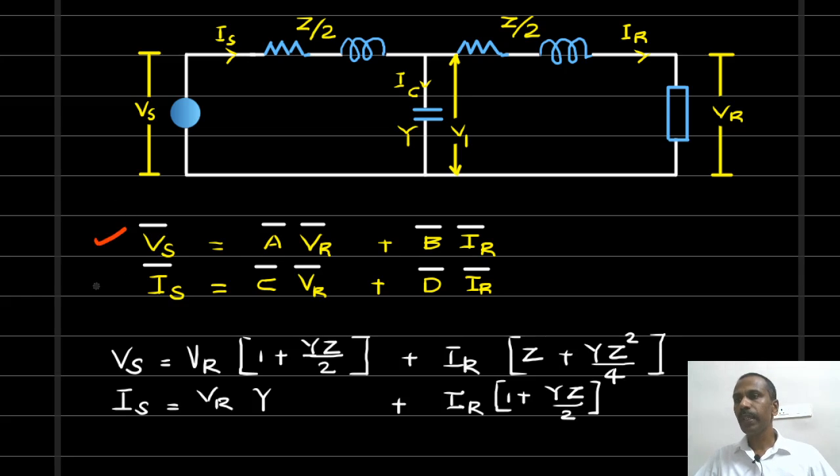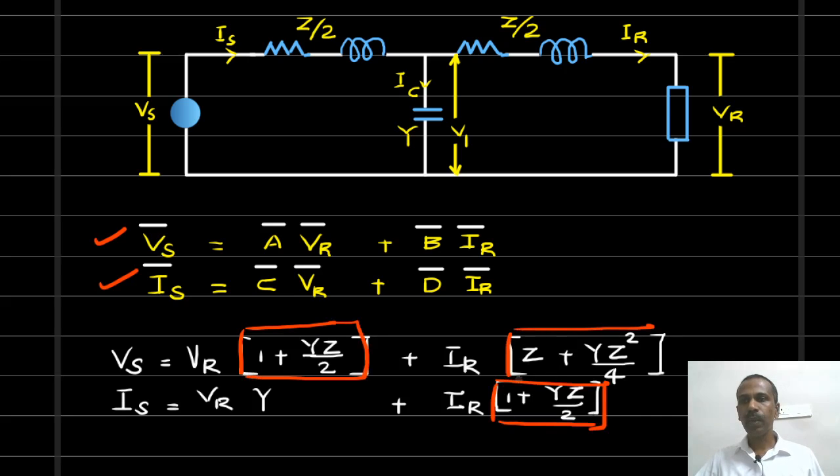This is our sending end voltage, this is the sending end current in terms of ABCD constants, where A equals D equals 1 plus YZ by 2 and B equals Z plus YZ square by 4, C equals Y. If we find out ABCD constants and if you have the receiving end voltage and the receiving end current with you, you can easily find out the sending end voltage and the sending end current.